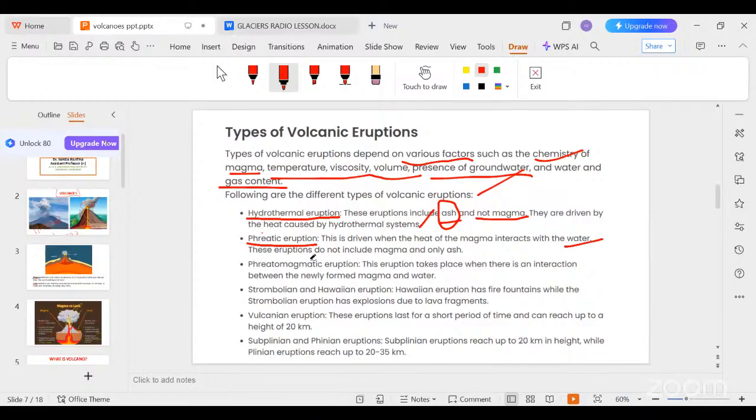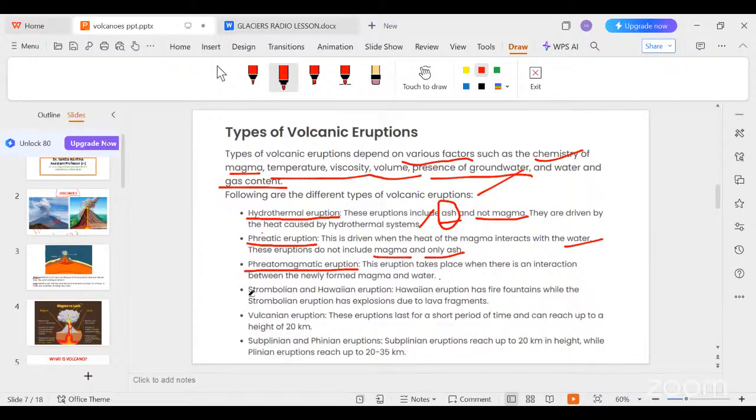These eruptions do not include magma, only ash. Also next one is phreatomagmatic eruption. This eruption takes place when there is an interaction between newly formed magma and water.